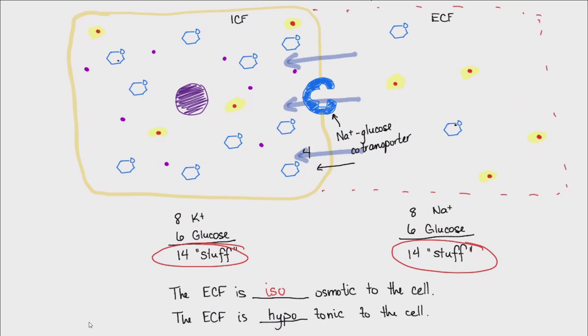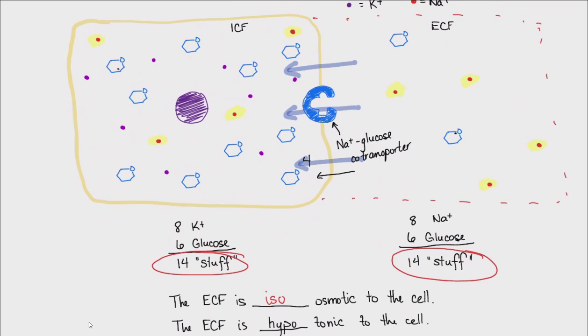One more thing before we end. Notice that only 4 sodium ions moved into the cell. How come this one didn't move in, or this one? Remember that the way the sodium glucose co-transporter works is that sodium is allowed to reach diffusion equilibrium. And as I've drawn it, sodium has.